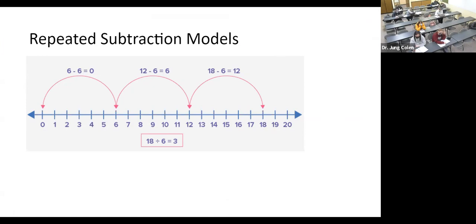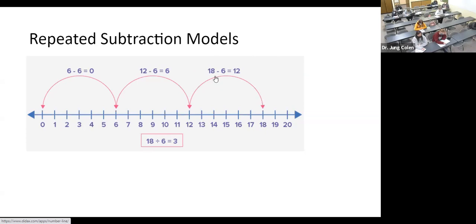So thinking back in multiplication, the first one we thought about was multiplication as repeated addition, right? In division, you can think about a division problem as repeated subtraction. So for example, 18 divided by 6. How can we model that as repeated subtraction? Starting from 18, you can go backwards because it's a subtraction.